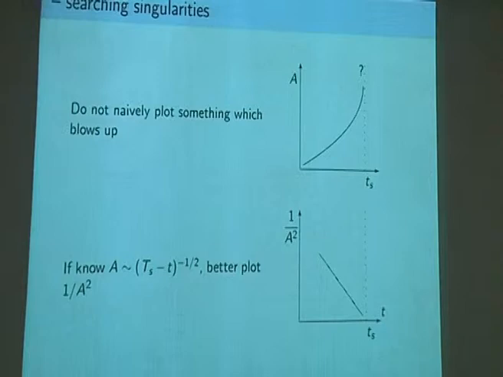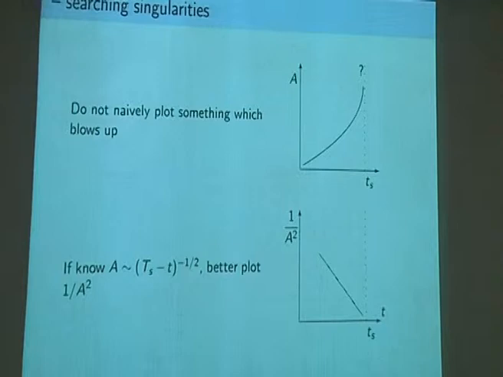But suppose you knew the solution had a square root approach to infinity. So at some stopping time Ts, it behaves like 1 upon the square root of the time to the stopping time. Then what you want to do is plot 1 upon the amplitude. You probably don't know what the stopping time is, but you know it has this behavior.